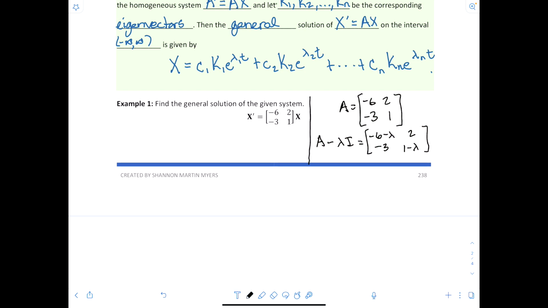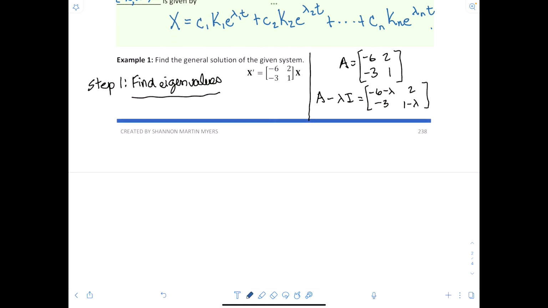Now we will be checking out step 1, which is to find the eigenvalues. So we're going to find the determinant of A minus lambda I, and we're going to set it equal to 0, the scalar 0.